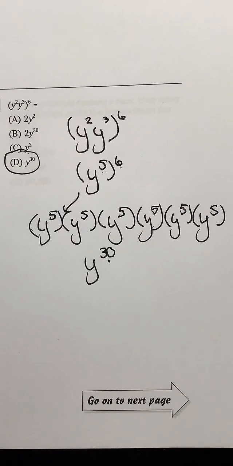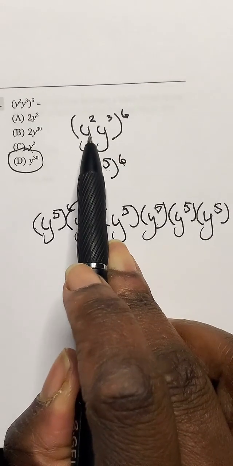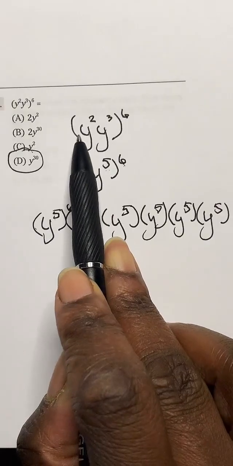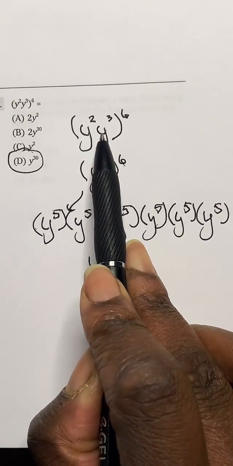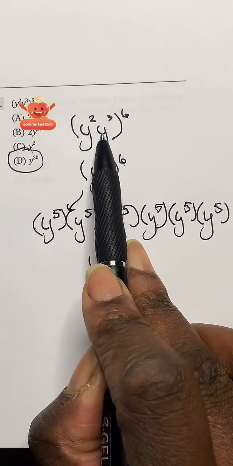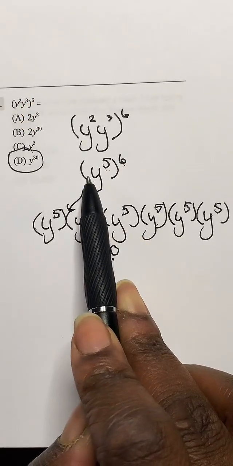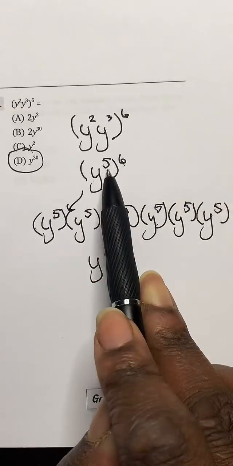Why wouldn't it be 2y? Because when you're multiplying, you multiply the coefficients. So this is really a 1y times a 1y. If it were going to be 2y's, that means you're adding. We're not adding, we're multiplying. 1 times 1 gives me 1, and then you add just the exponents, which gives me 5.